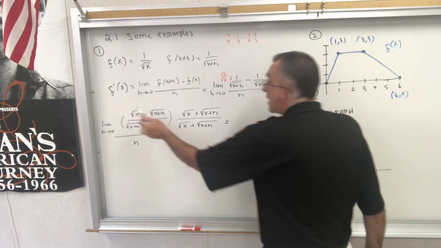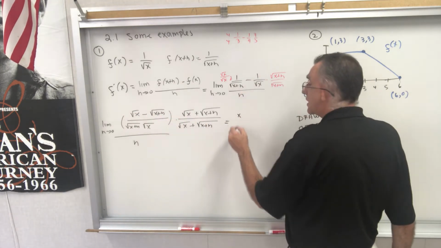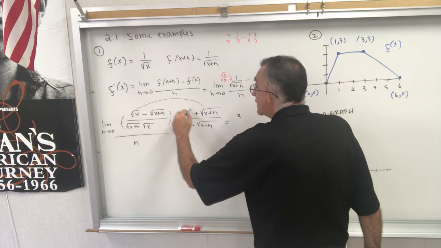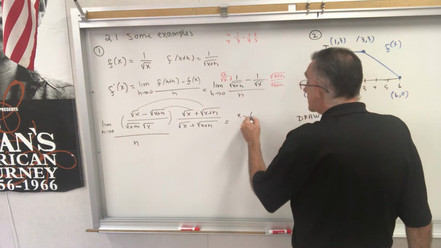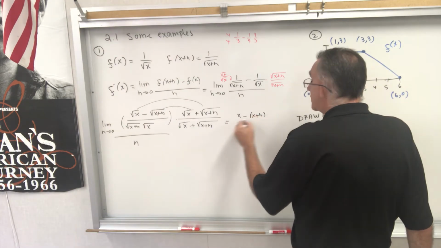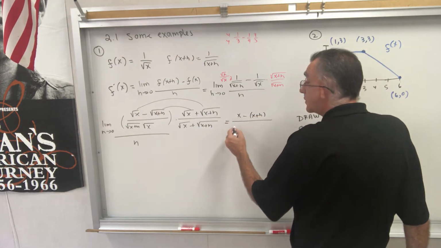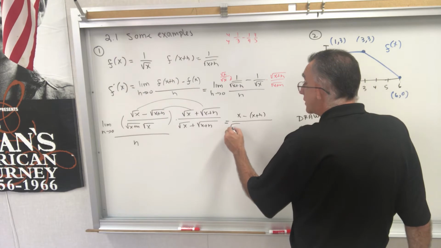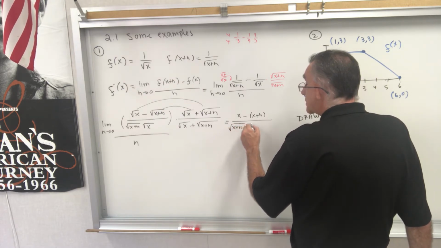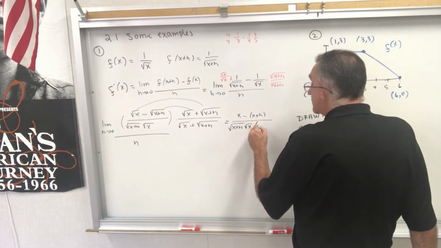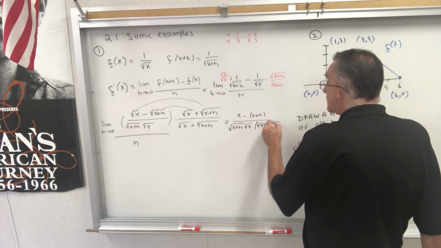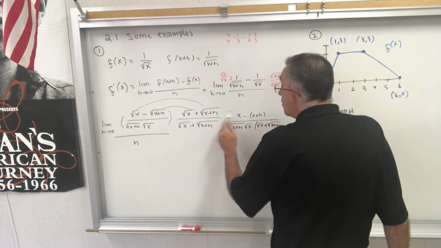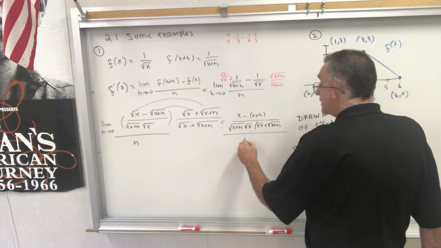So when I FOIL that out, first times first, x. The whole point of multiplying by the conjugate pair is that the middle terms go away, and then last times last. Now be careful here. All over, wow, this is getting big, the square root of x times the square root of x plus h times the square root of x plus the square root of x plus h, and all over h.